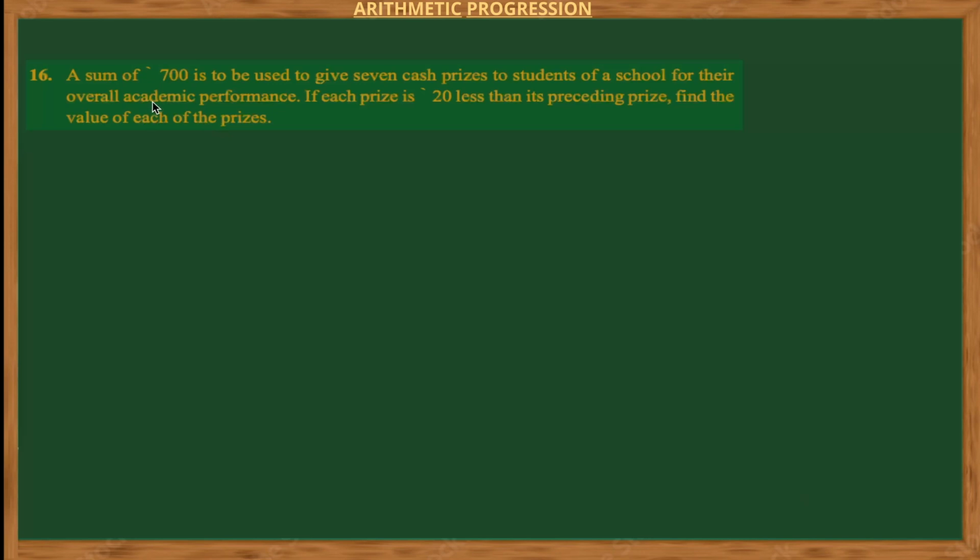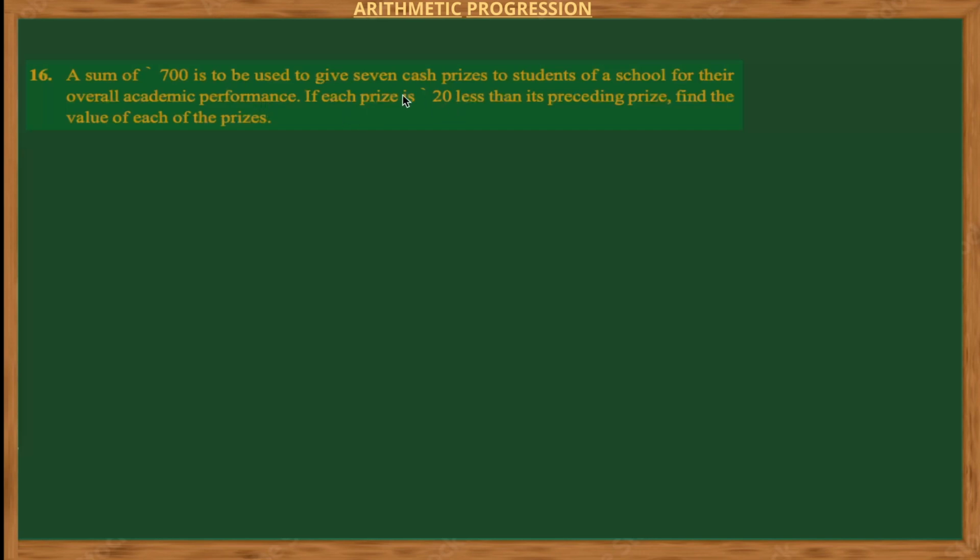Okay, let's read the question here. A sum of 700, let's consider it as rupees, is to be used to give each cash prize to 7 students of a school for their overall academic performance.